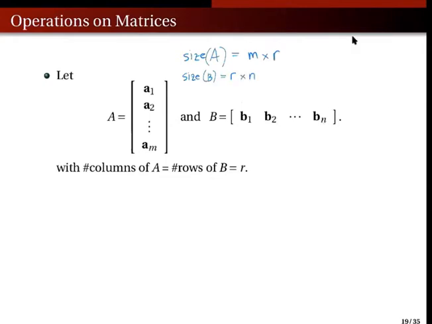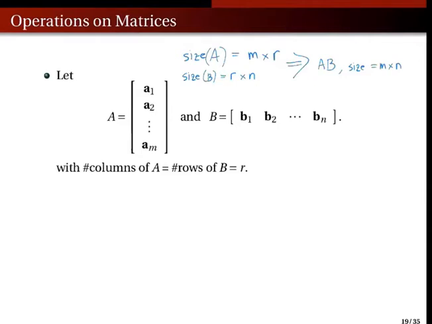Which means, look at this and this, what we can do is multiply. This gives us the product AB. That's possible, and the size of this will be equal to m by n. So we can multiply this.